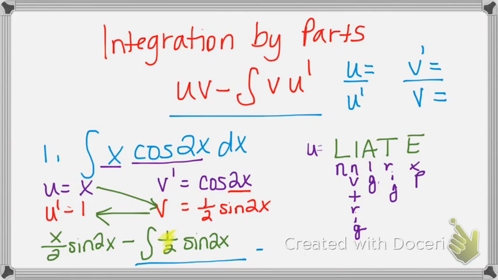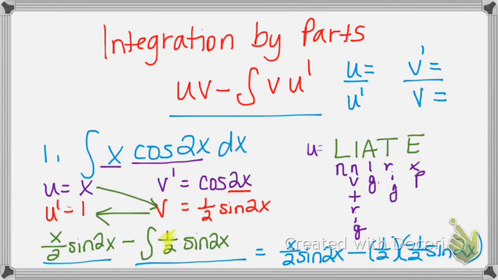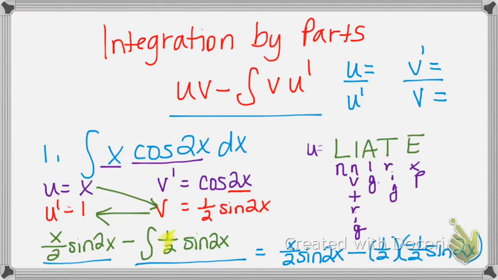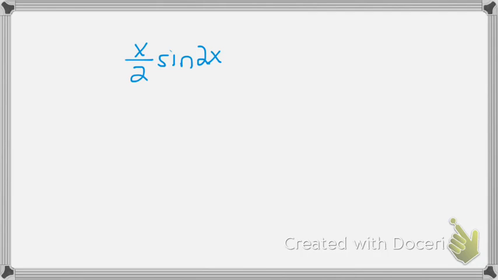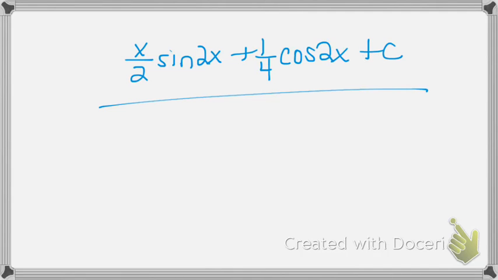So then my answer is x over 2 sine of 2x minus, alright, we got that 1/2, but then the antiderivative is negative 1/2 cosine of 2x. And this is all running together. I'll write it on the next page. x over 2 sine of 2x, and then plus 1/4 cosine of 2x plus c. So that's the answer on that problem.